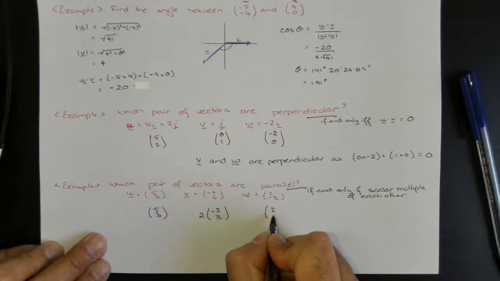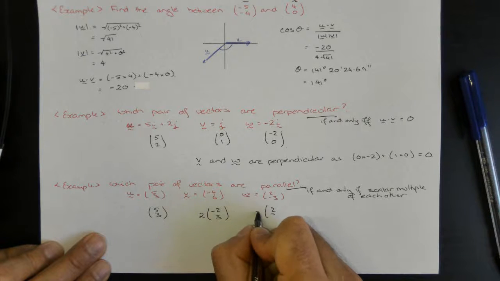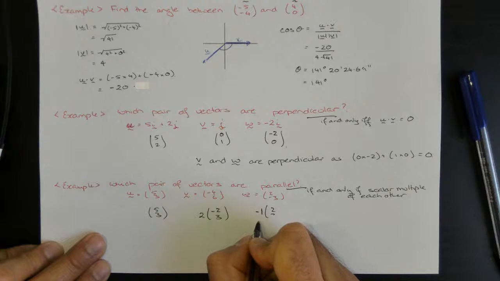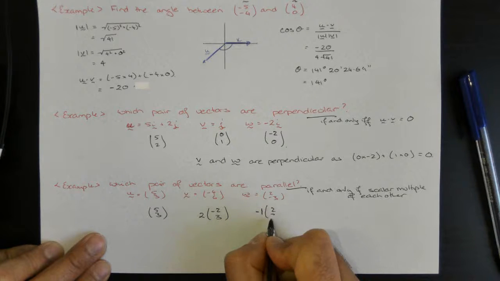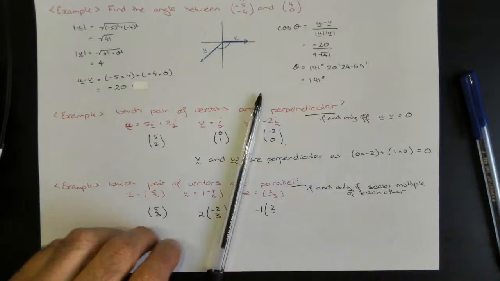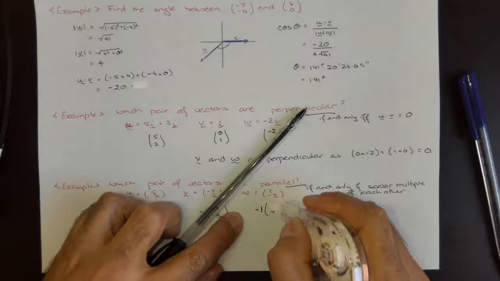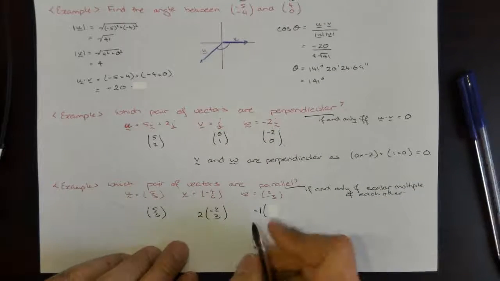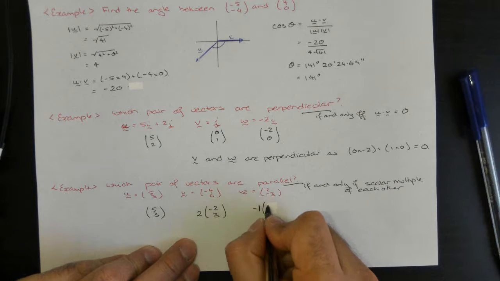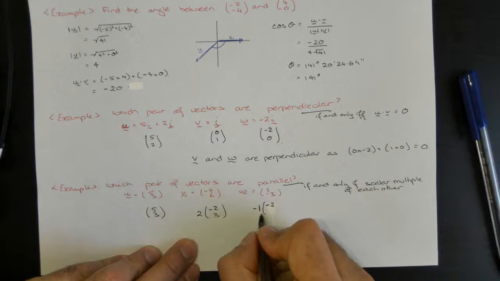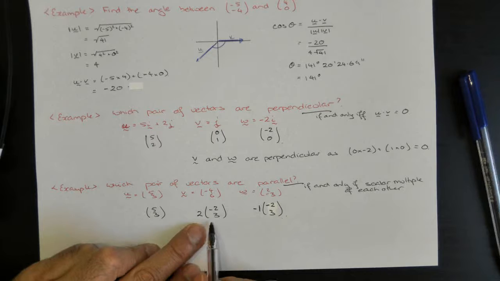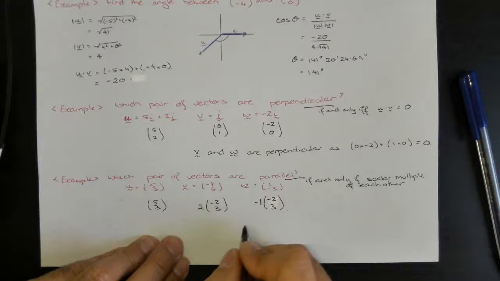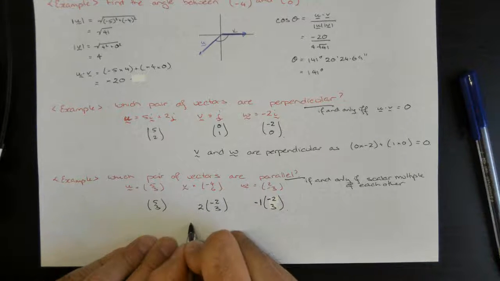And it looks like, what about if I take negative 1? So I get negative 2, sorry, that will give me 2, and that will give me 3. Yep, so v is a scalar multiple of w.